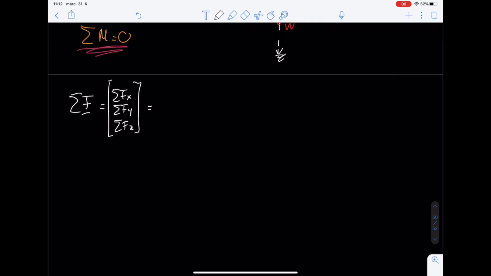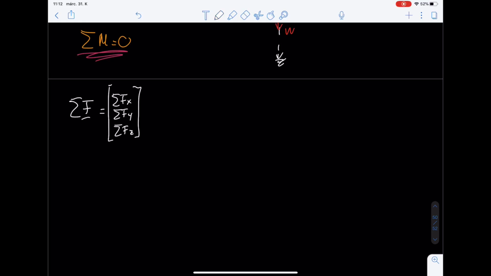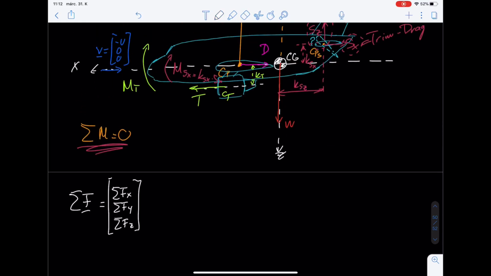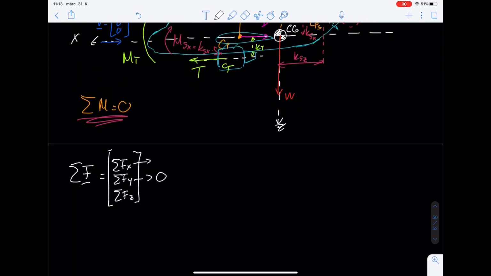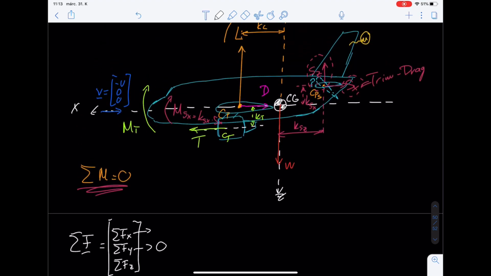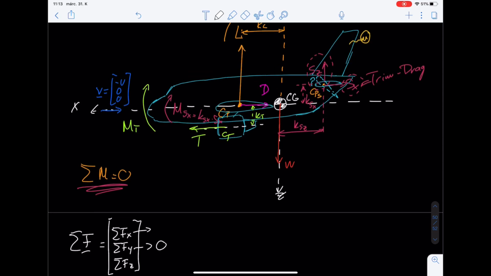Okay, so in the X component, or sorry, in the Y component is going to be definitely 0. Let's collect the forces in the X component. So in the longitudinal direction, I have the thrust acting in the positive direction.